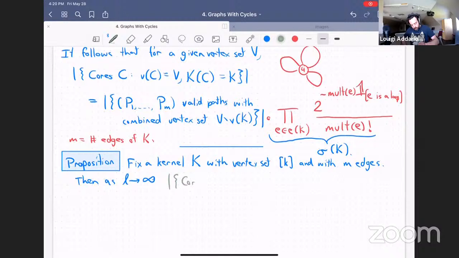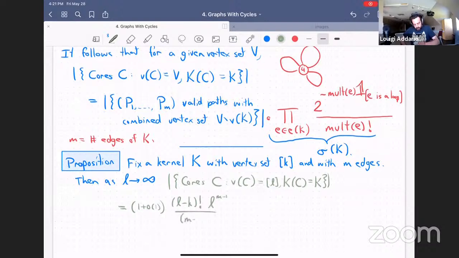So the number of cores C with vertex set L and with kernel K is (1 plus little o(1)) times (L minus k) factorial, L to the m minus 1 over (m minus 1) factorial, times sigma K.